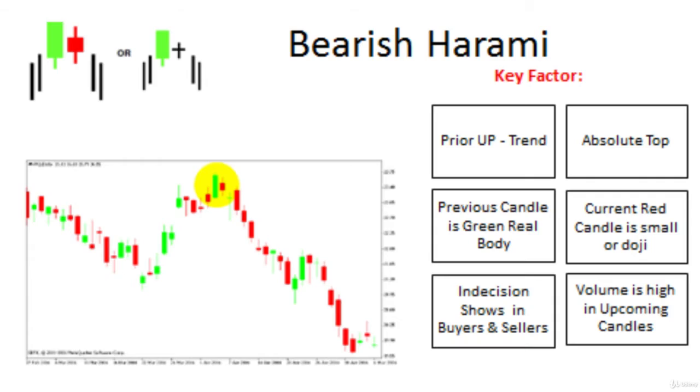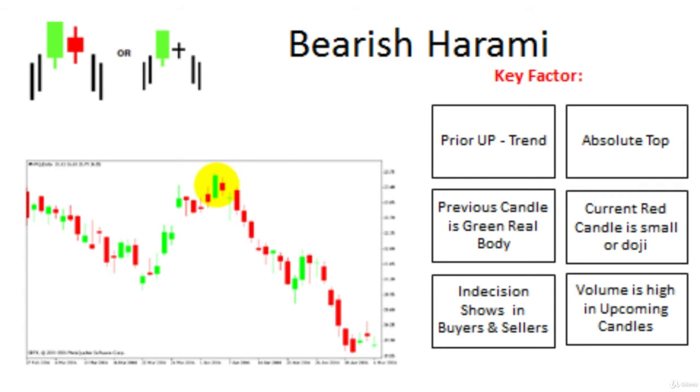Now we discuss the bearish Harami pattern. As the candlestick formation on your screen shows, there are two patterns. The first pattern is a big green real candle body which creates a top, and the next candle is a small red candle which is undershadowed by the previous candle.